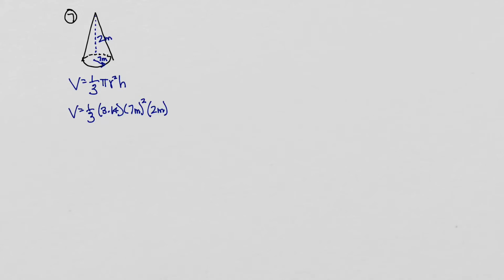I put in 1 divided by 3 times 3.14 times 7 squared times 2, and that got me to 102.6 cubic meters, right, because what we have here is square meters and meters, cubic meters. And I did round off to the nearest tenth.